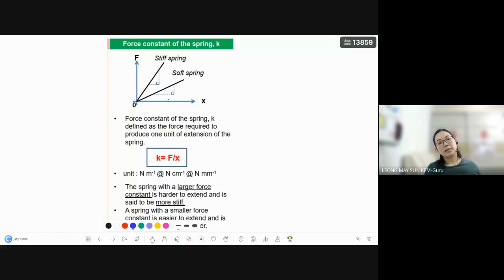All right, next is actually force constant. Okay, Hooke's law, the formula is actually F equals kx. All right, F is actually the applied force. Obviously, applied force means that it can be extension, it can be compression. x is actually the extension of the spring or the compression of the spring.